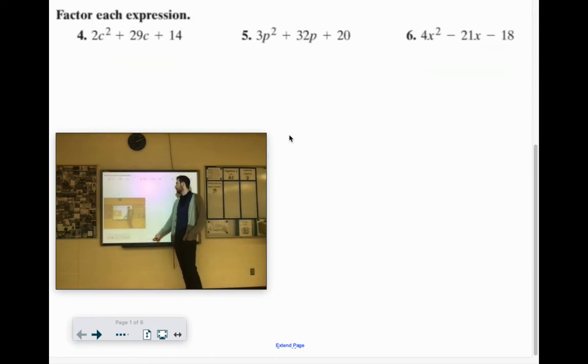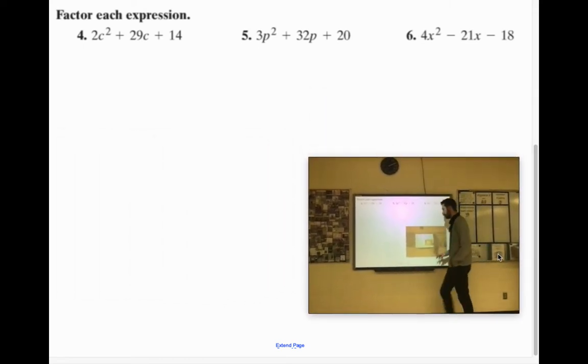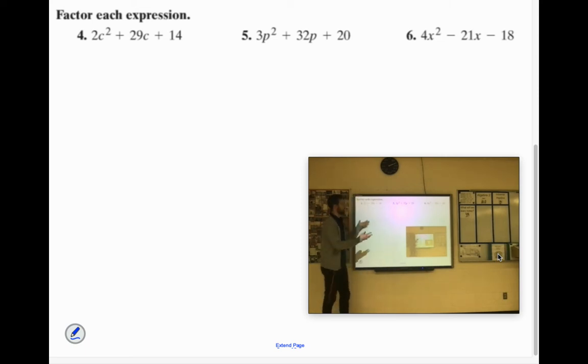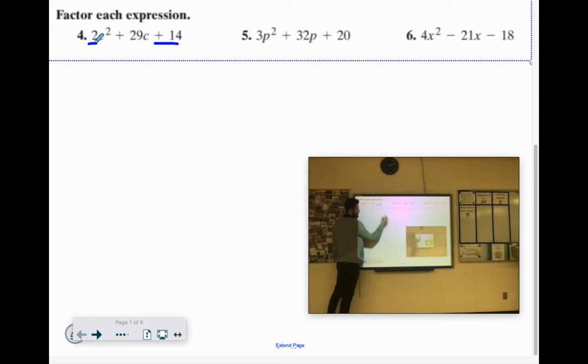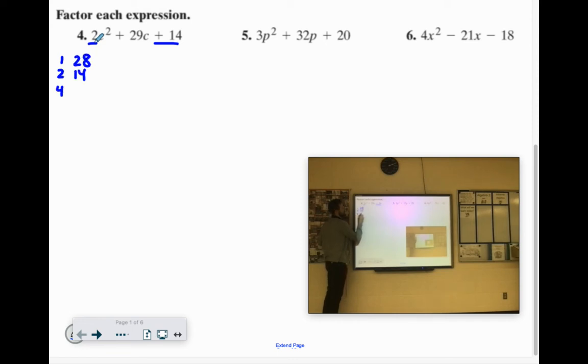All right, now we're going to practice factoring some of these, because it's been a minute since we factored. Always look for a greatest common factor. First, there isn't one, so we can go ahead and multiply the first and last. 2 times 14 is 28. If we're listing the factors of 28, we have 1 and 28, 2 and 14, 4 and 7.